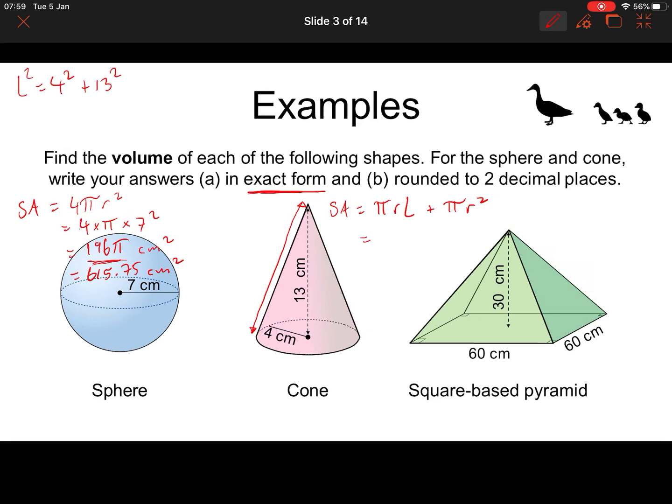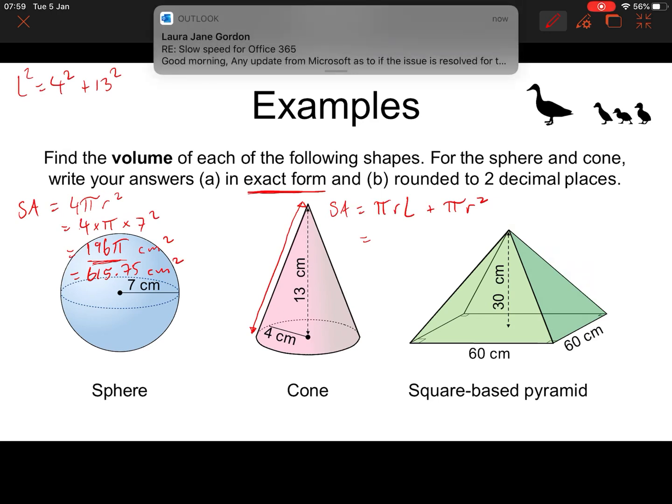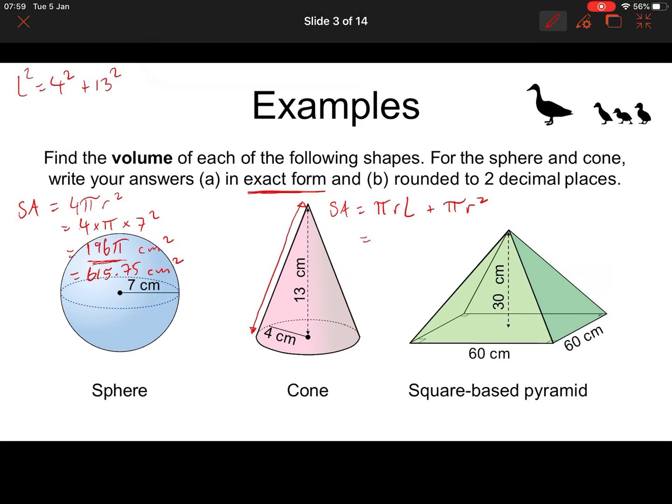So we do 4 squared plus 13 squared. So L squared equals 185. So L is equal to root 185, which is 13.6 centimeters to 3 significant figures.